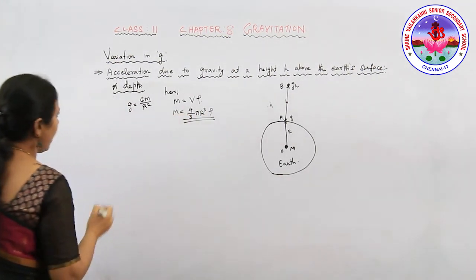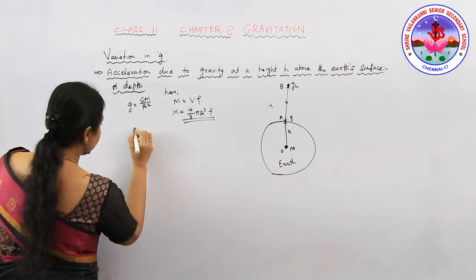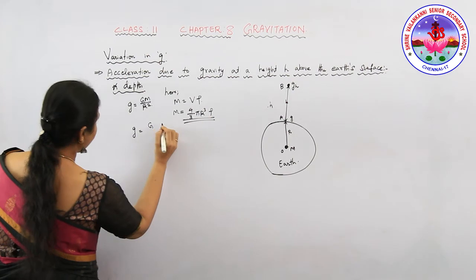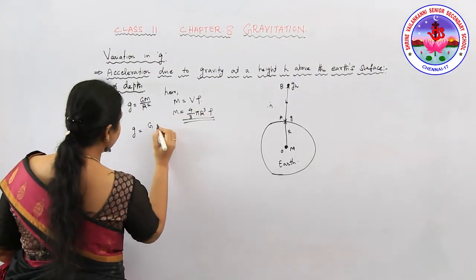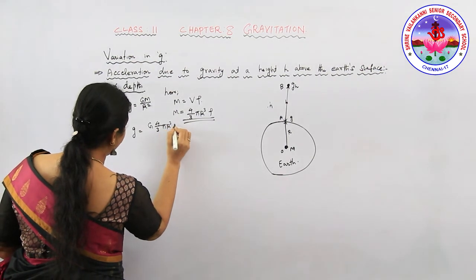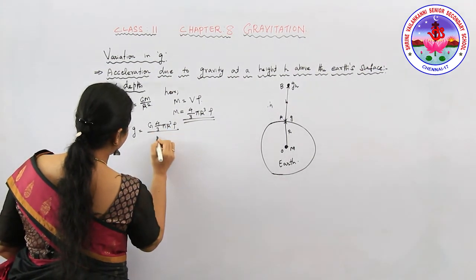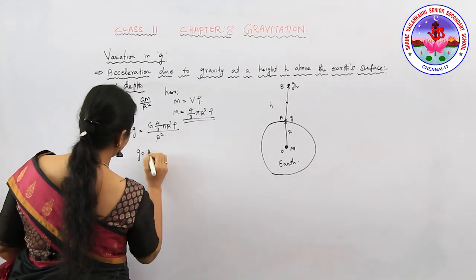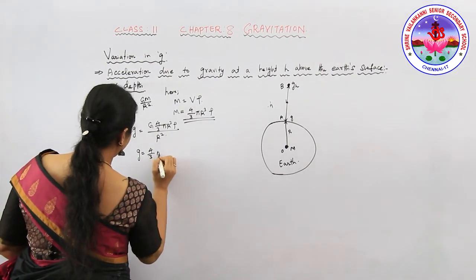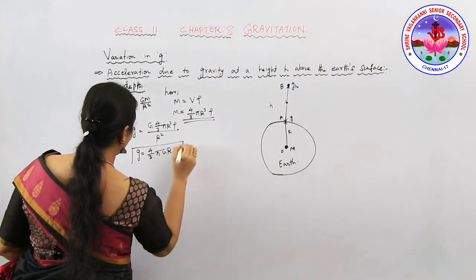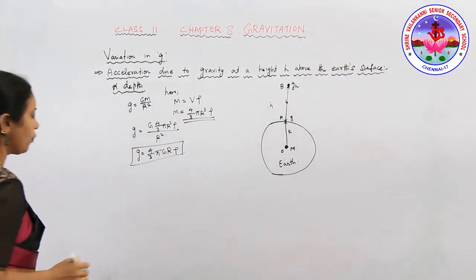Applying this, g is equal to G into (4 by 3 pi R cube rho) divided by R square. So g equals 4 by 3 pi G R rho. This is the value for g.